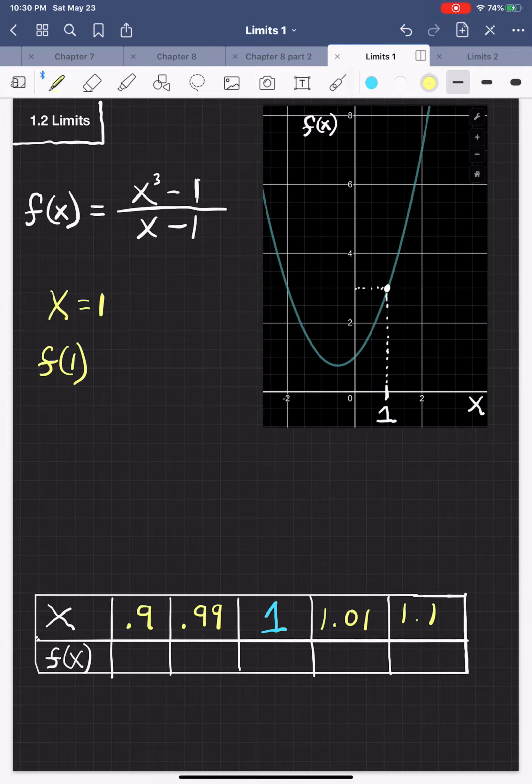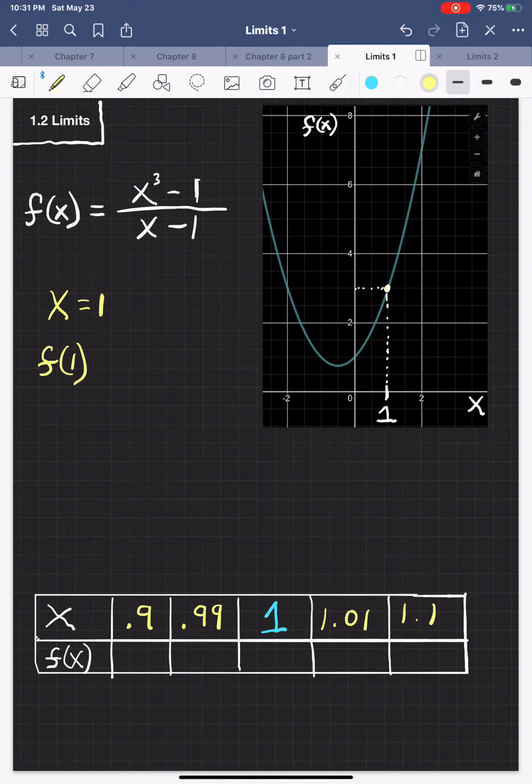Well, if you plug in 1 for x, you can immediately notice that you would be dividing by 0, right? If you let 1 minus 1 be in your denominator, then we know automatically we're dividing by 0. It's also true that our numerator is 0, so we have 0 over 0. But that is one x value that is restricted from us. We don't have enough access.